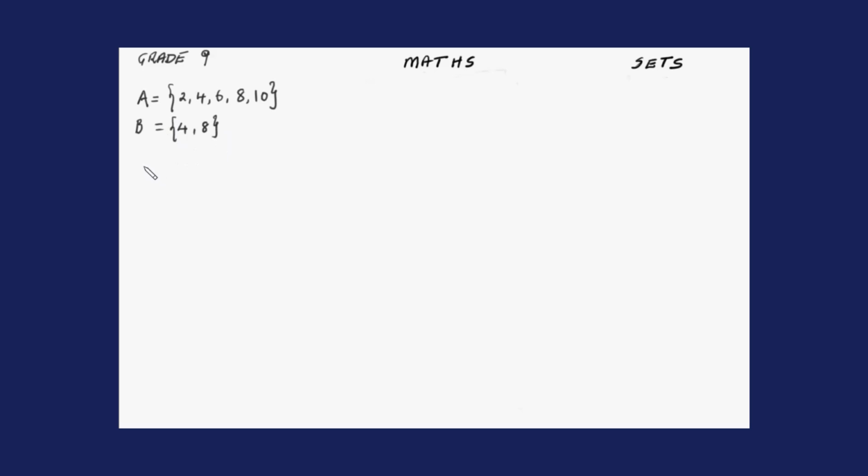And say we have another set C, which is a set of multiples of 8 up to 20. Then it would be 8, 16. So these are the three sets, and you are asked to draw a Venn diagram, having been given a universal set.